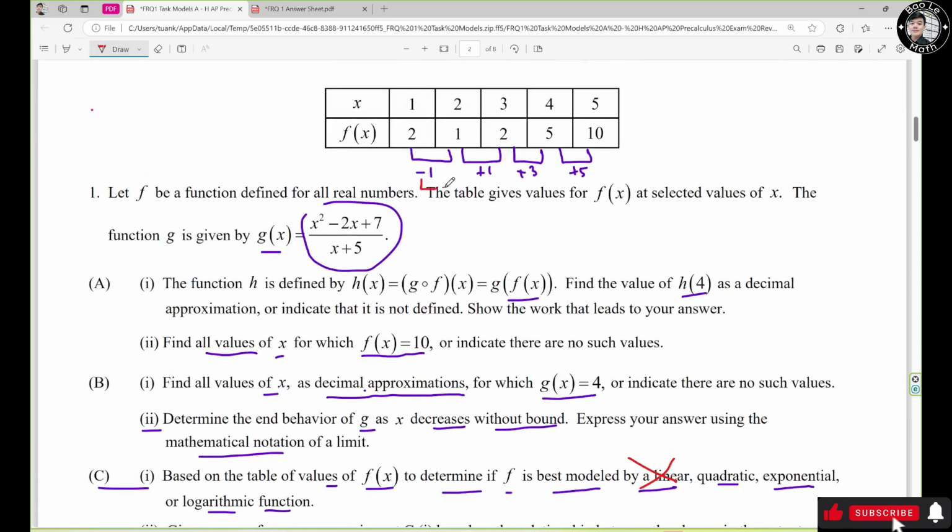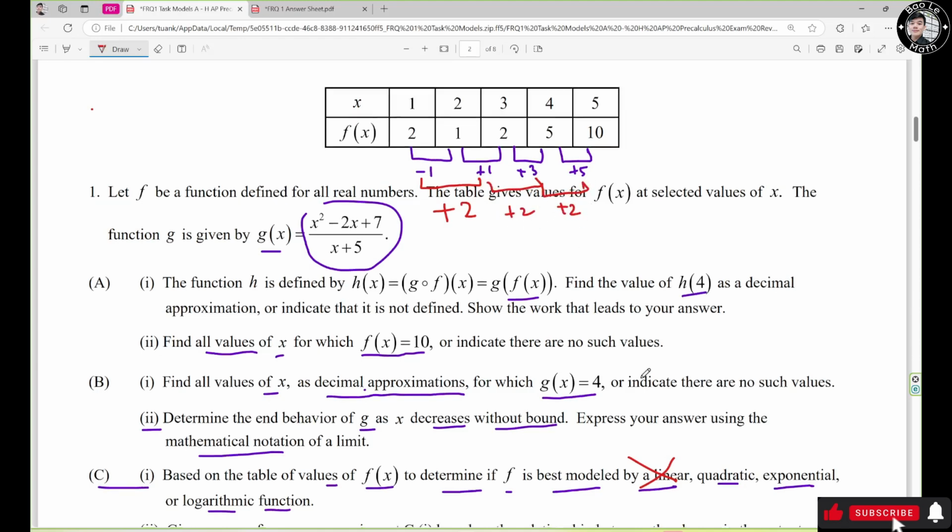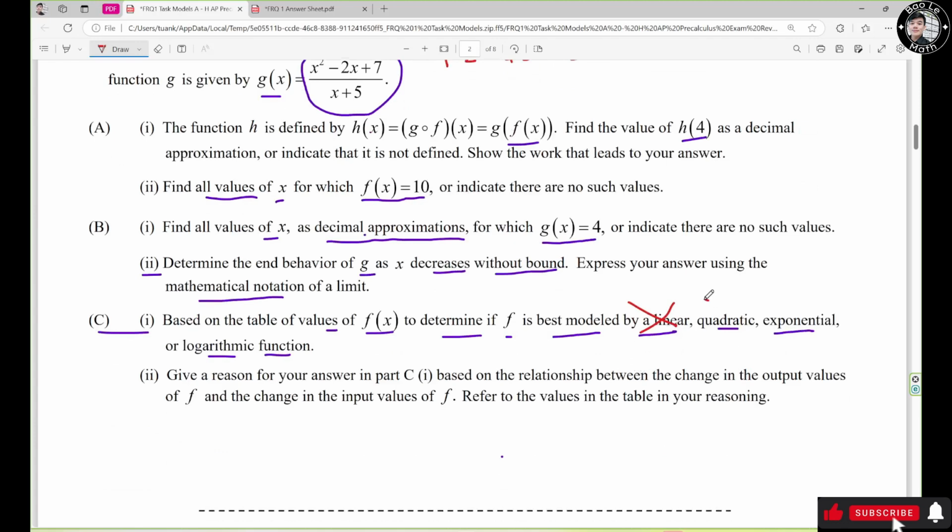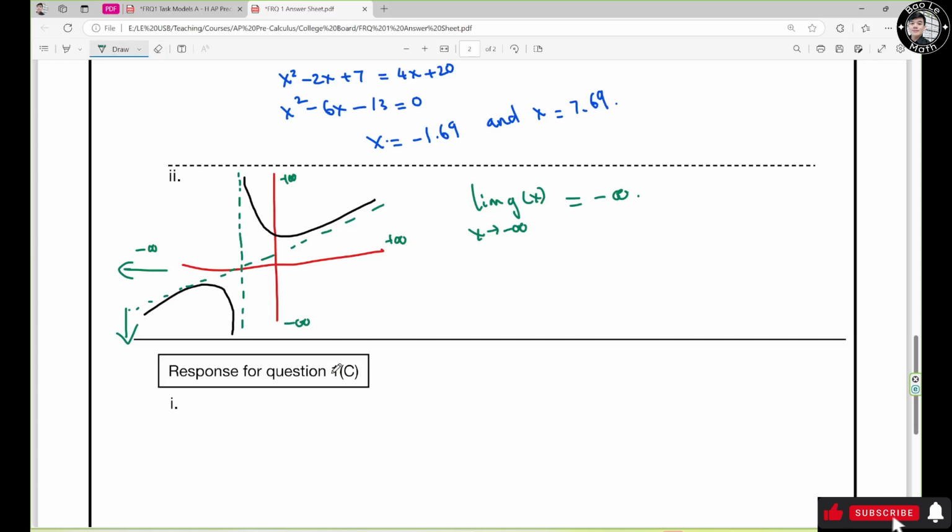Next, calculate the second difference. It is plus 2, this one plus 2, and this one plus 2. The second differences are the same, so this should be quadratic. Now to answer this question, we need to say the function f is best modeled by a quadratic function.